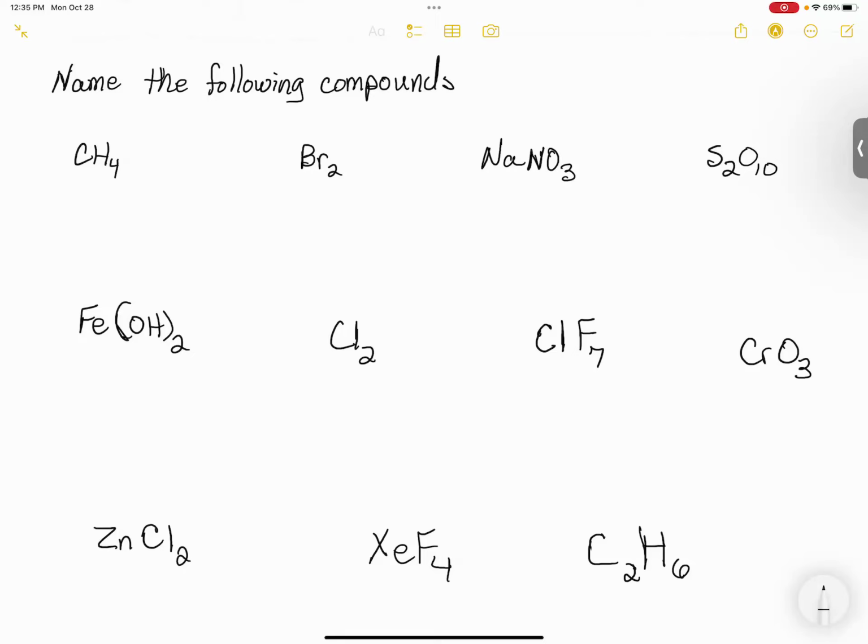Okay. The reason I do that is if I put it as a metal, there's two types: cation constant charge or cation varied charge.